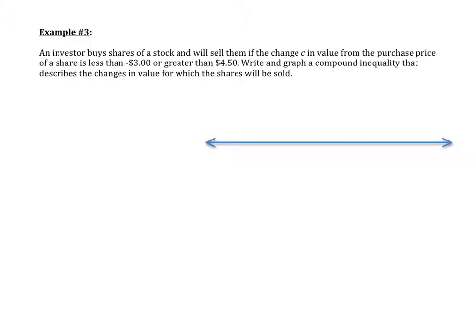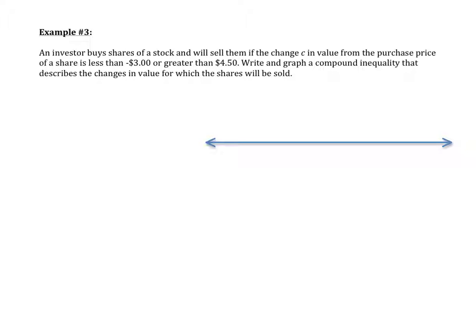Example number 3, an investor buys shares of a stock and will sell them if the change C in value from the purchase price of a share is less than -$3 or greater than $4.50. Write and graph a compound inequality that describes the changes in value for which the shares will be sold.